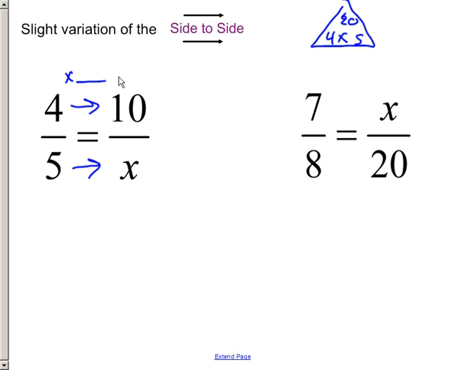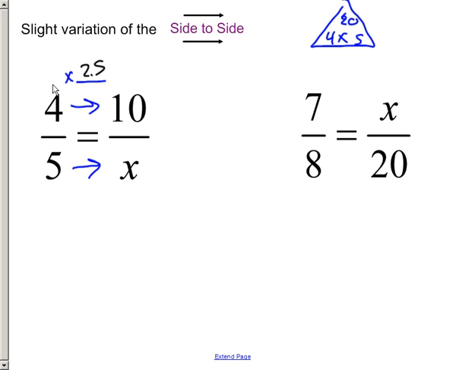So let's go backwards. 10 divided by 4, if I do that on my calculator, I get 2.5. So this divided by this is going to tell me what this something is. So 4 times 2.5 equals 10. Again, I just went backwards. I said 10. If 4 times something is 10, then 10 divided by 4 tells me that something.